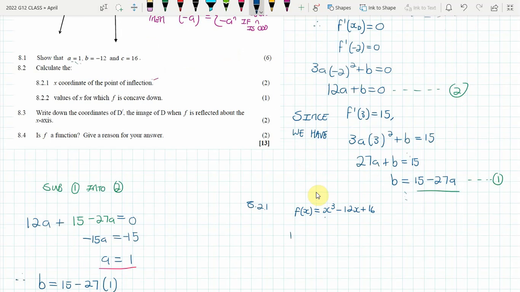We had the first derivative in terms of a and b. So now let's work it out explicitly. It's 3x squared minus 12. This is f prime. Now what is f prime prime? Do people even call it that? Second derivative, 6x only there.